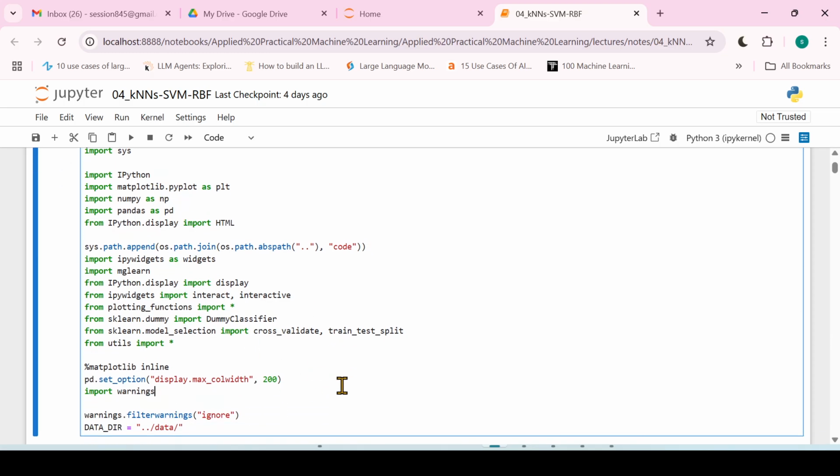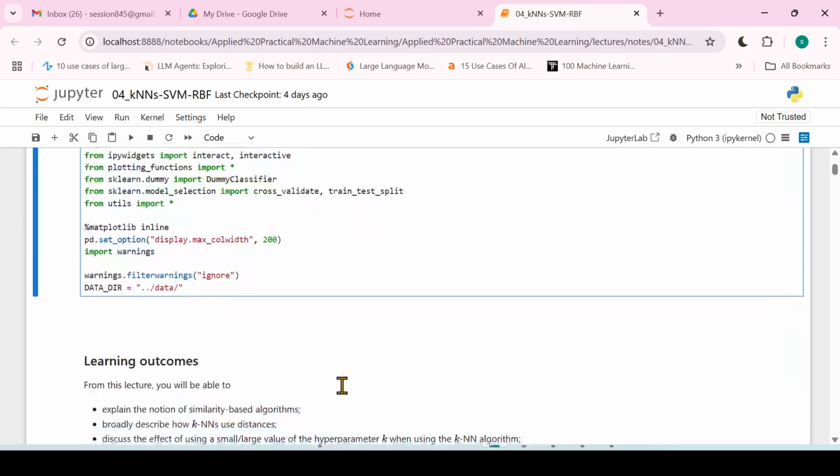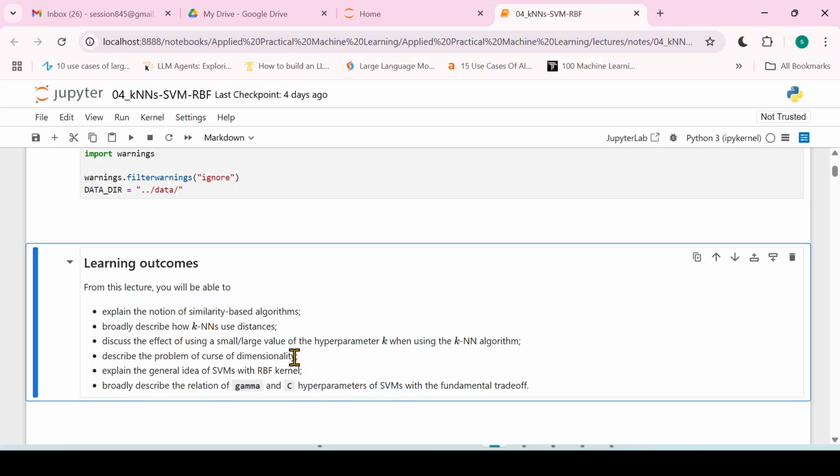Here we are importing all the things that are needed for this class. And in this lecture, we'll see what similarity based algorithms are. We'll broadly explain how KNN uses a distance algorithm. We'll see the effect of the hyperparameter k in KNN.